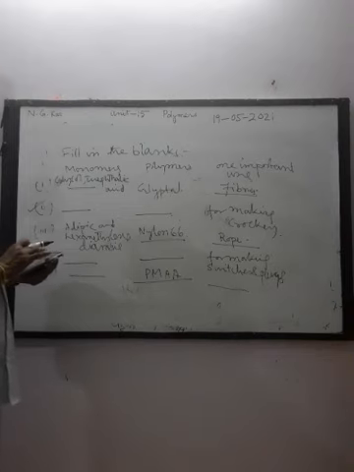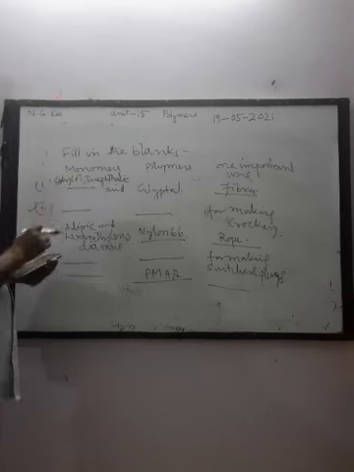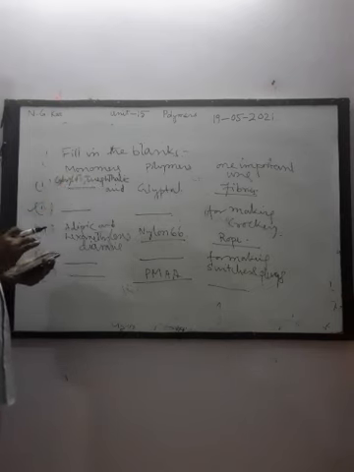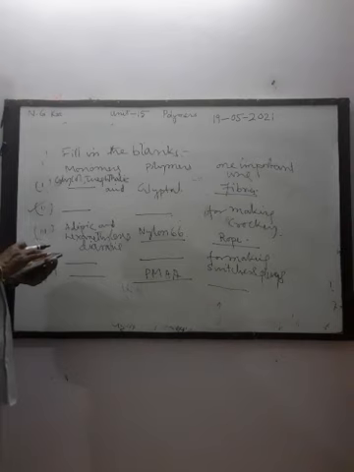Question number 9. Write the chemical equation for the preparation of Teflon, already available in the PDF. Number 10. What is the monomer of terylene? Glycol and terephthalic acid. What are the monomers of bakelite? Phenol and formaldehyde. Give an example of elastomers, say Buna-S rubber, Buna-N rubber, etc.